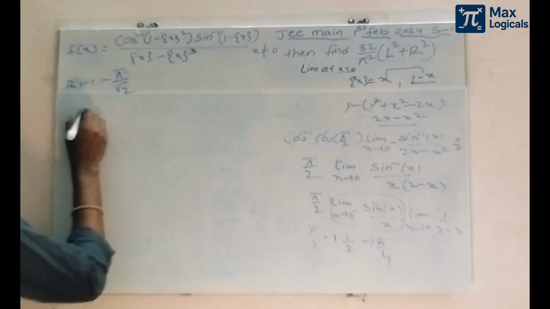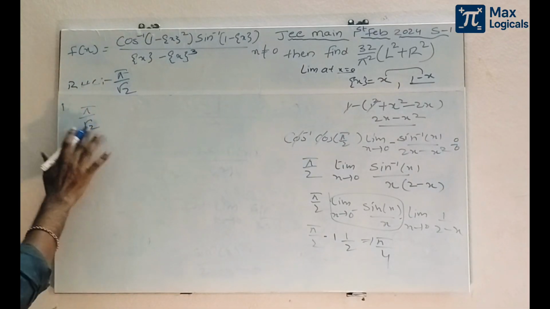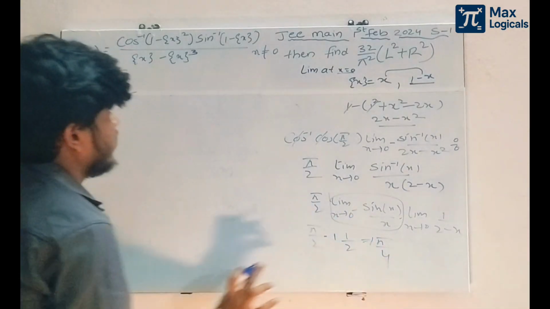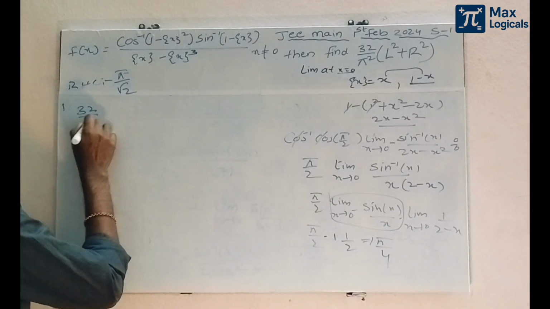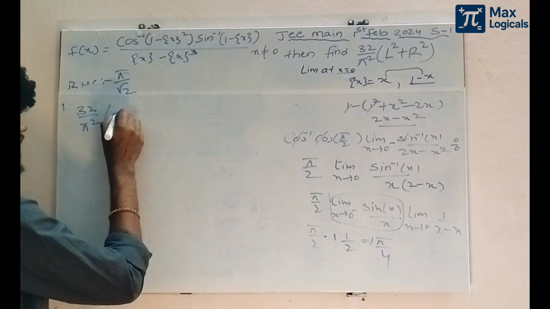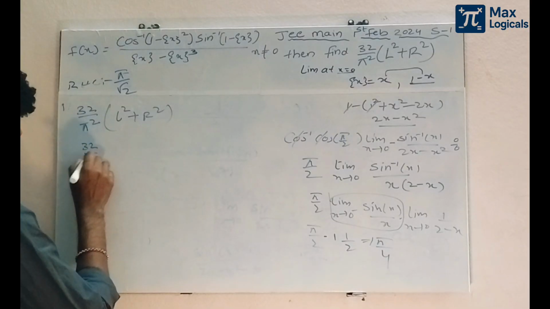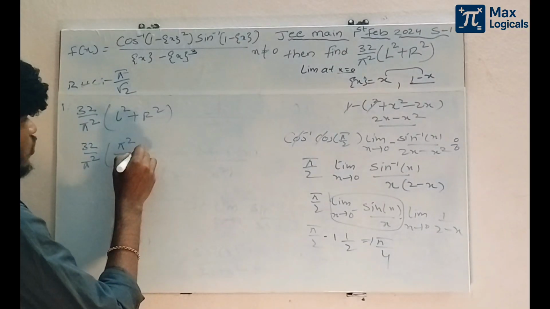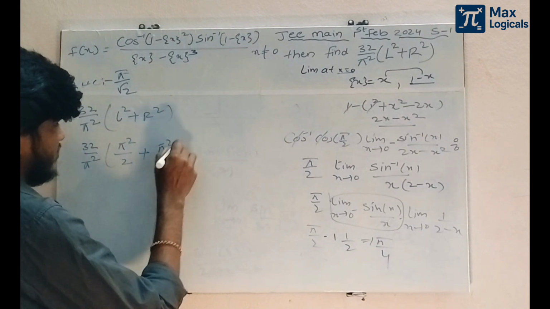Got it? Where pi by root 2 is the right hand limit, and pi by 4 is the left hand limit. Now we are finding 32 by pi square into L square plus R square. That is 32 by pi square, into pi square by 2 plus pi square by 16.